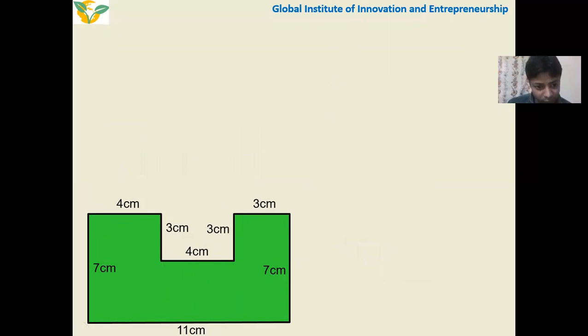Suppose you put a line here, then this complete figure will be a rectangle for which you can calculate the area by 11 into 7, 77 square centimeter, and this is again a rectangle. You can calculate the area 4 into 3, which is 12 centimeters square, and from this you will construct this, you will get the area of this figure. So how it goes, I will tell you.